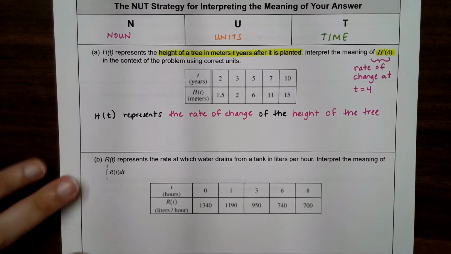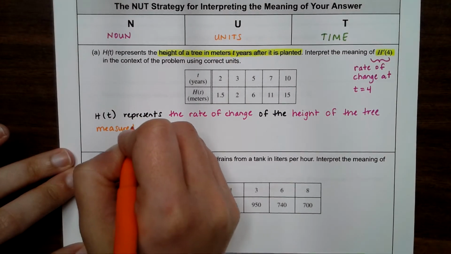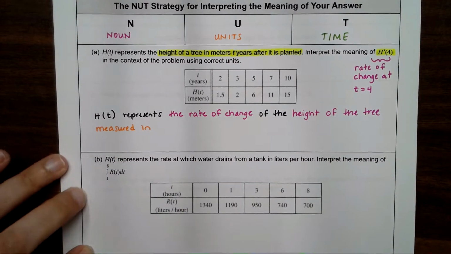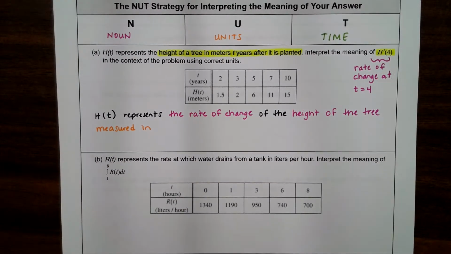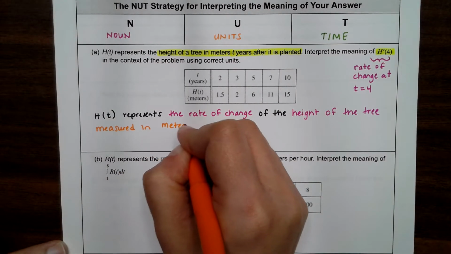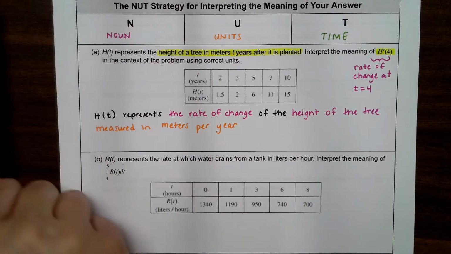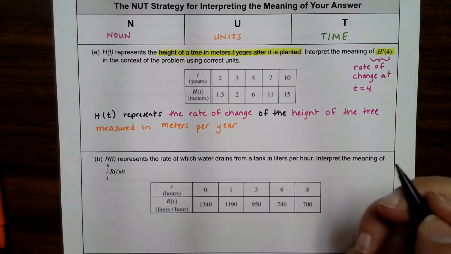Then we need units. So measured in, and units here would be a fraction. You're finding a derivative, which is a slope. So it would be measured in meters per year. And then we need a time.